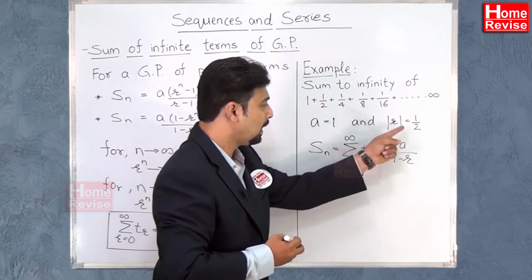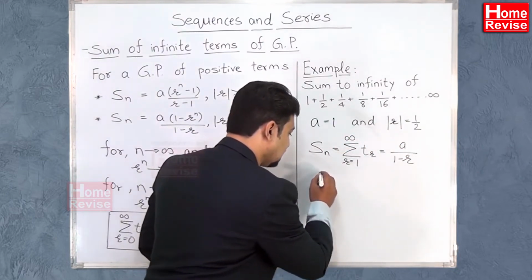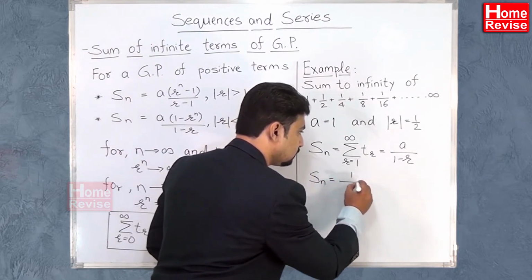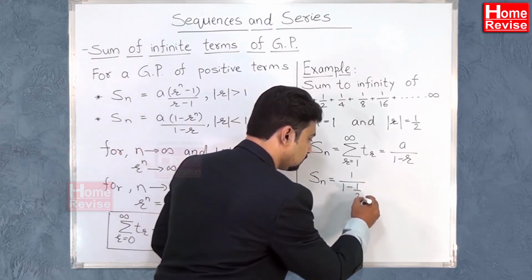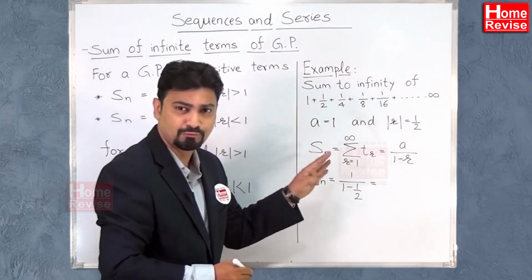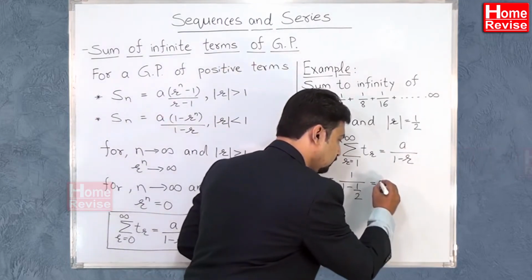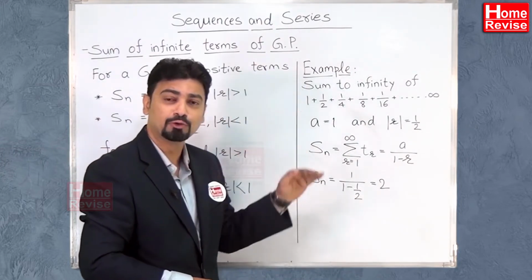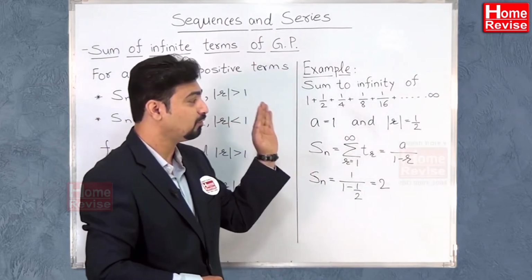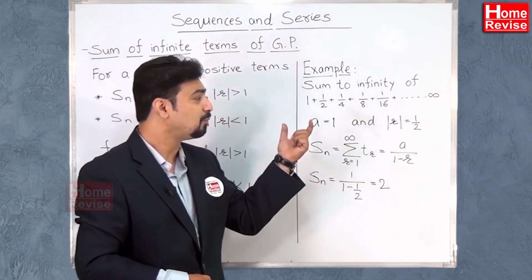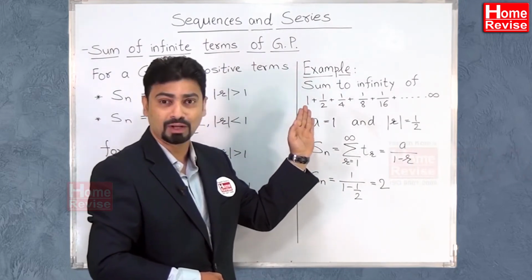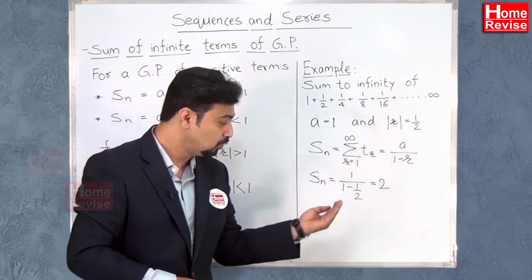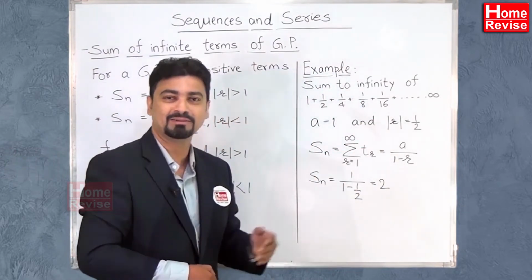So our a is 1, r is half, so I can say Sn is this, which if you solve will become equal to 2. Thus you now know how to find the sum of infinite terms of a given GP. Here the sum of infinite terms of the GP 1, 1/2, 1/4, 1/8 and so on till infinity is nothing but simply 2, right?